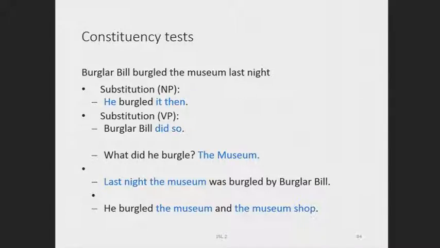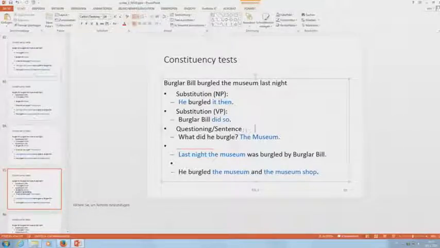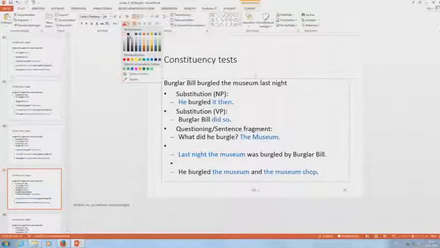How about what did he burgle? The museum. What happens here? What do I make? What's the first bit? The question, yes. This is the question. It needs the word fragment here. So, sorry, sentence fragment.